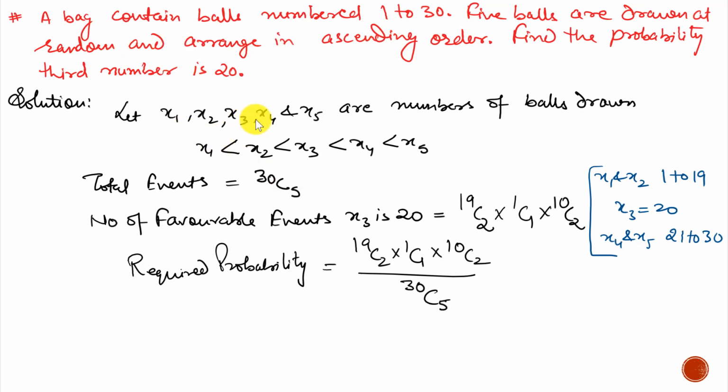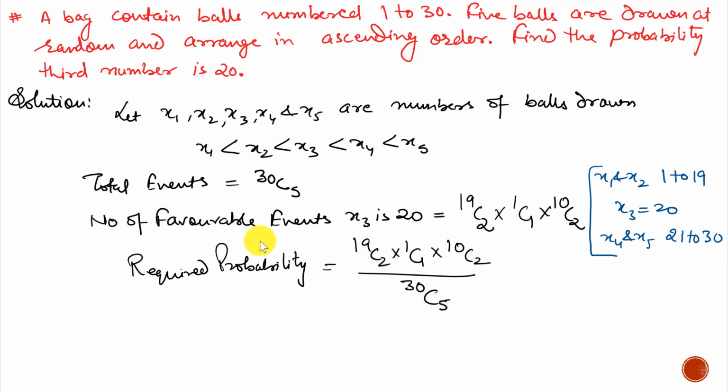Let x1, x2, x3, x4, x5 be the numbers on the balls drawn, and because they are in ascending order, x1 is less than x2, less than x3, less than x4 and less than x5. We have to find the probability that the third number is 20. Third number 20 means x3 is 20. So x1 and x2 are out of 1 to 19 and x4 and x5 are out of 21 to 30.